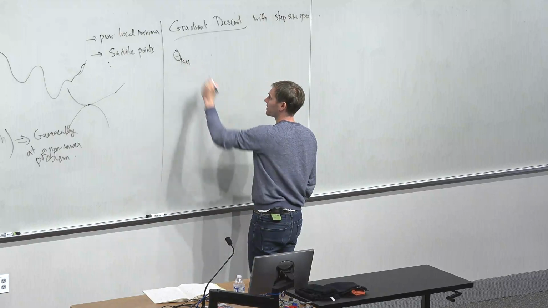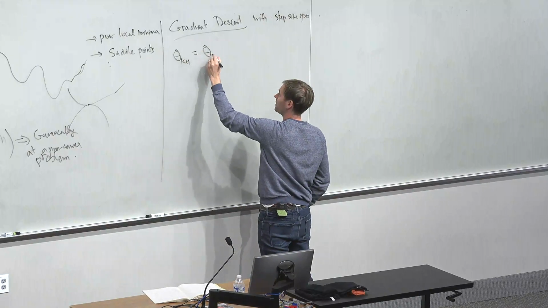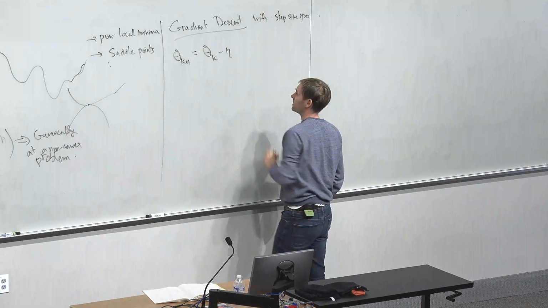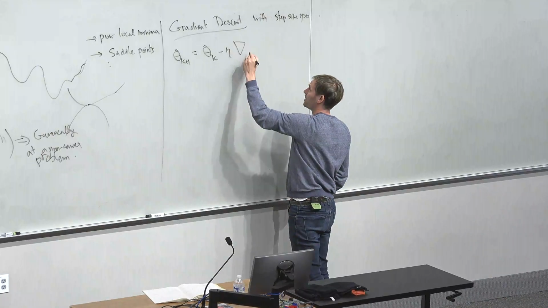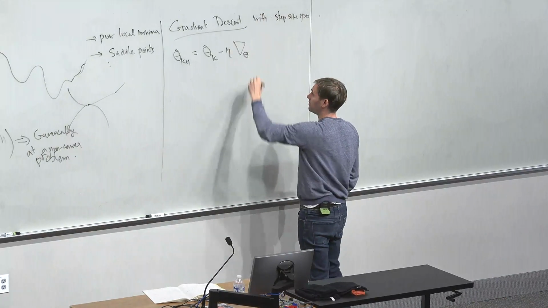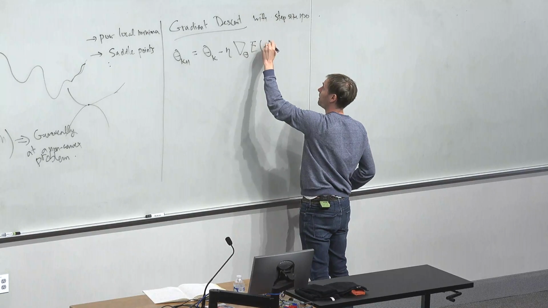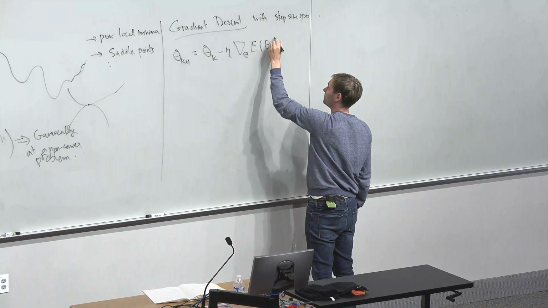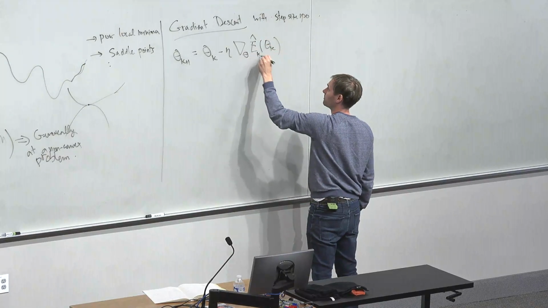My next point in parameter space is going to be the previous point minus this step times the gradient with respect to the parameters of the loss that we have.